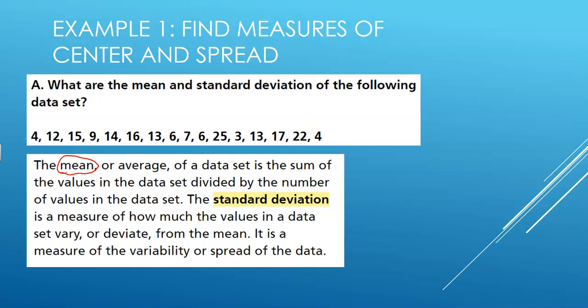Standard deviation is a much more complicated, well, at least more meticulous calculation. So we do like to use our calculator for these to help us. It alleviates many mistakes that we could make otherwise if we're doing it all by hand.